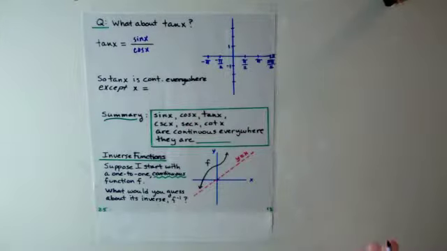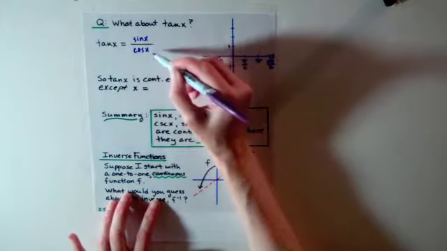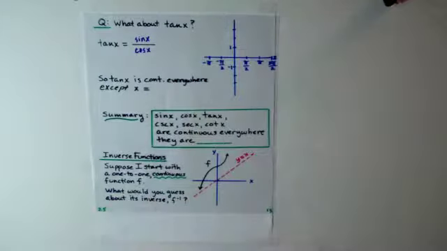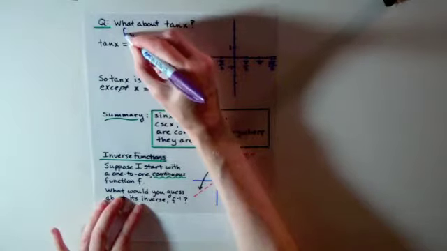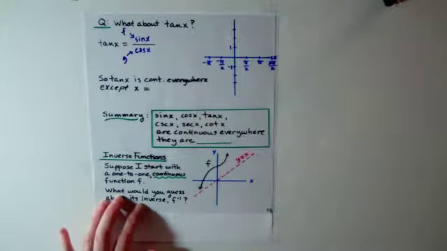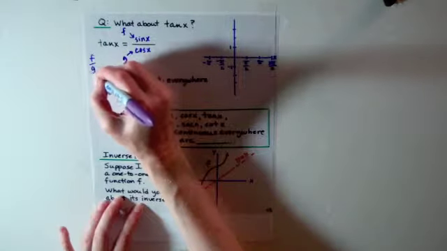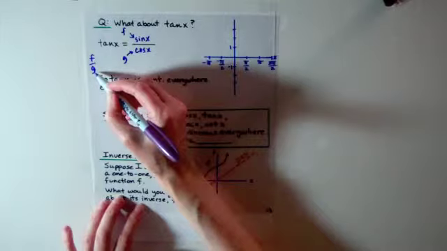Sine x is continuous for all real numbers x. Cosine x is continuous for all real numbers x. But what about tangent x, which is really the quotient of these 2? Well, now we can employ that theorem that we talked about. If we think of sine of x as our f, and cosine of x as our g. Remember that that general theorem that we talked about 2 pages back said that f over g is continuous at every x that f and g are both continuous at, except where g is equal to 0.